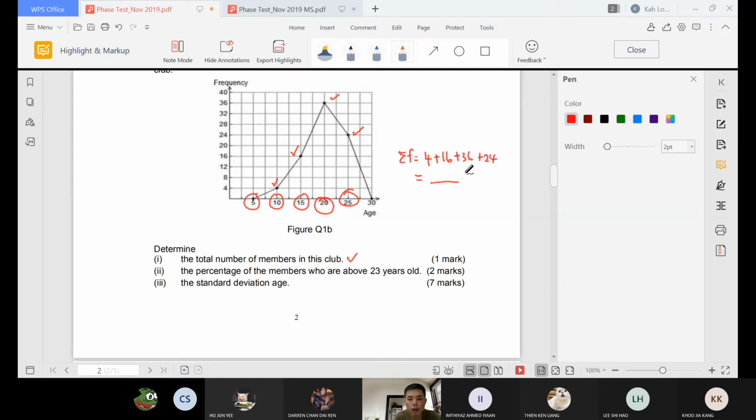So you calculate. Then the percentage of members who are above 23 years old. This is 20 years old. More than 23, you only have 24 of them, from the total times 100%. And if you want to calculate the standard deviation, of course you need the frequency table.